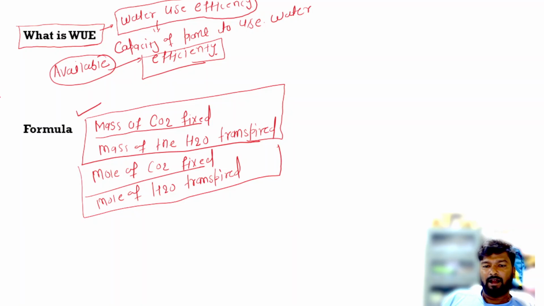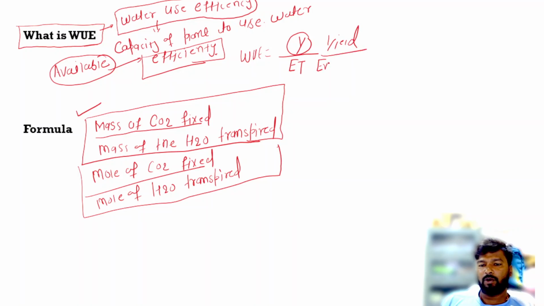Okay, also some agronomists define water use efficiency as Y upon ET. Okay, Y means this is the yield and ET means evapotranspiration.